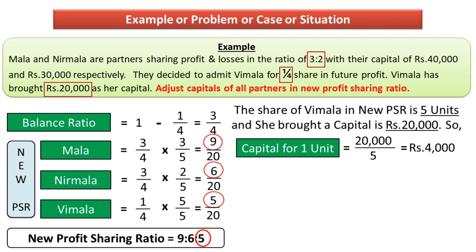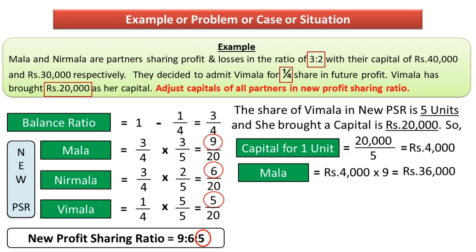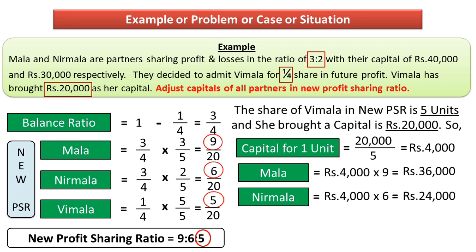We can use this capital to calculate capitals of Mala and Nirmala proportionately. Therefore, capital of Mala is equal to 4,000 multiplied by her share 9 units, equal to rupees 36,000. In the same way, capital of Nirmala is equal to 4,000 multiplied by 6 units, equal to rupees 24,000.